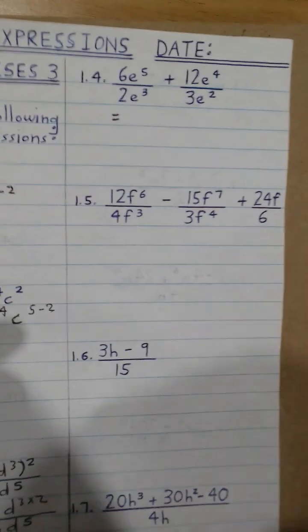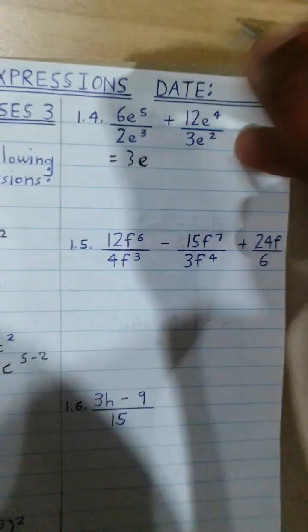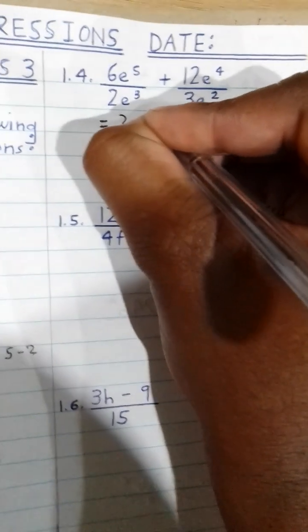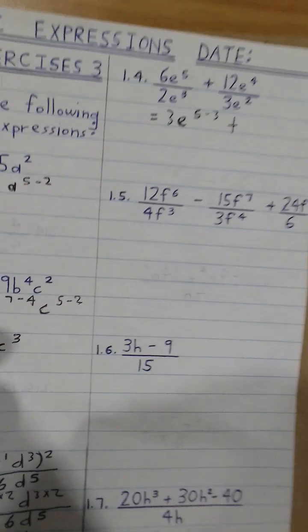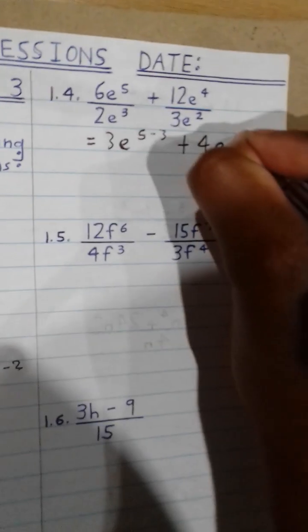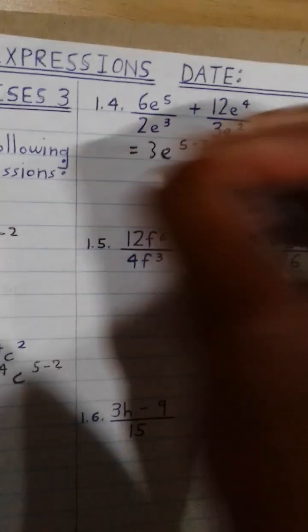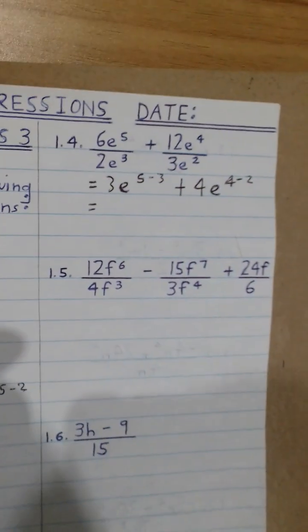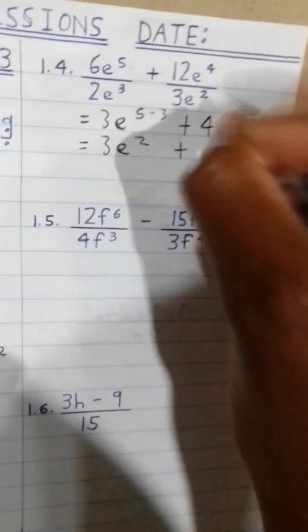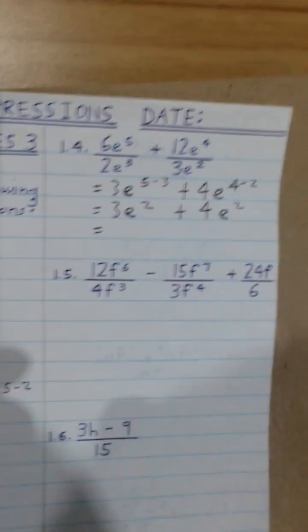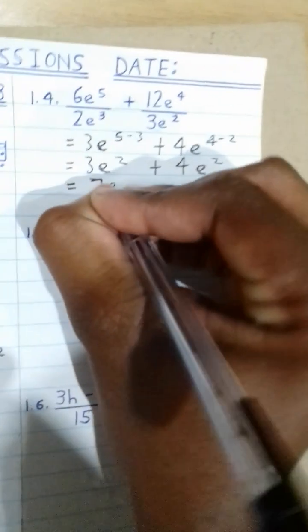So this is going to be 6 divided by 2, 3, e, exponent at the top minus exponent at the bottom, 5 minus 3, plus 12 divided by 3, which is 4, then e, exponent at the top, which is 4, minus exponent at the bottom, which is 2. 5 minus 3 is 2, plus 4e, 4 minus 2 is 2. 3 plus 4 is 7. So the final answer is 7e squared.